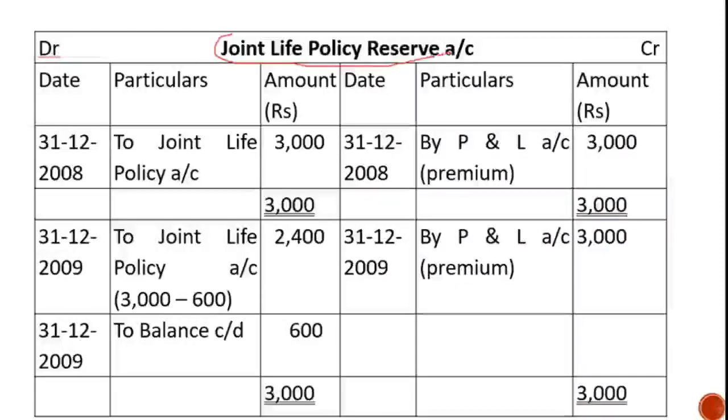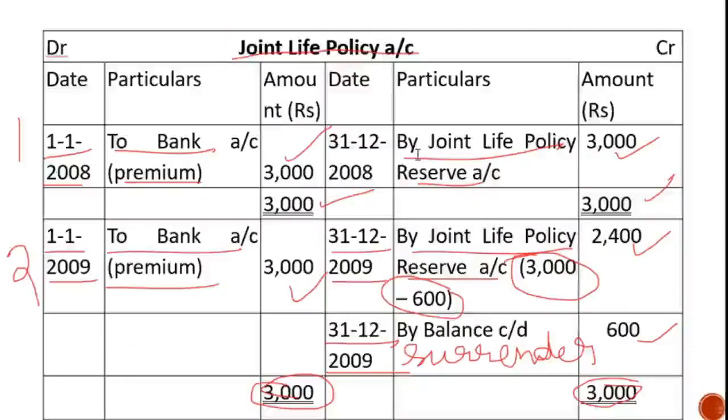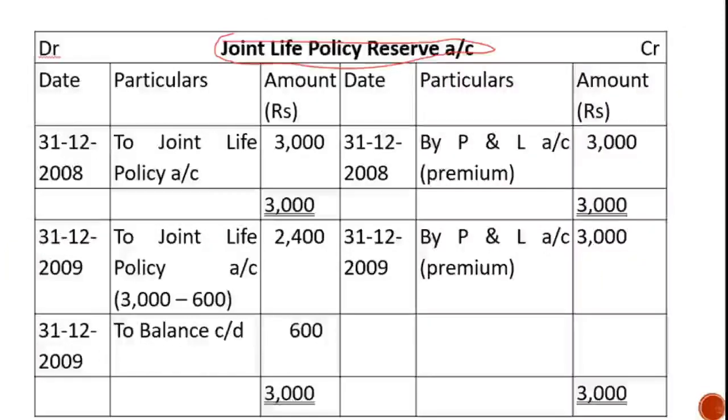In the joint life policy reserve account, the first entry is the transfer entry. In the joint life policy account, on the credit side you have recorded by joint life policy reserve account 3000 in the first year. So in the first year we have to make a reverse entry.